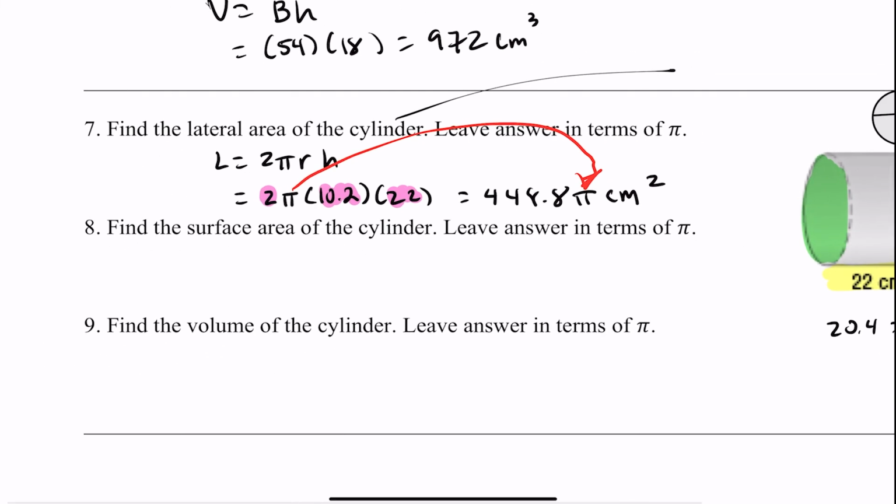Now, the surface area includes the two bases. So the surface area is equal to 2 pi r h plus 2 times the area of the base. We already figured out what 2 pi r h was, which is 448.8 pi, plus 2 times the area of the bases.